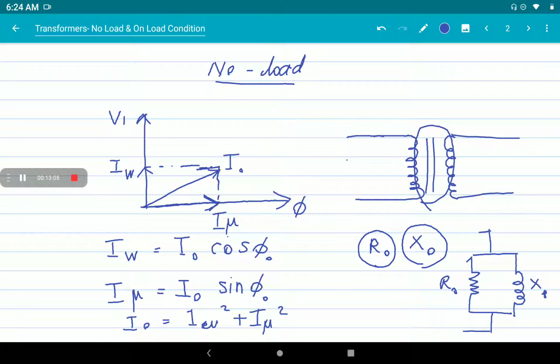So the losses in the portion that we represent magnetically as the core, we consider in an electrical representation as R0 and X0, a reactive component and a resistive component connected in parallel to the primary winding.